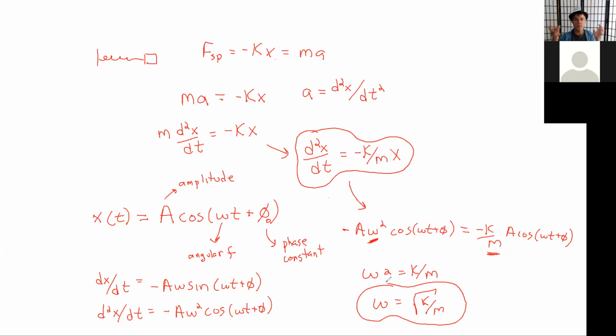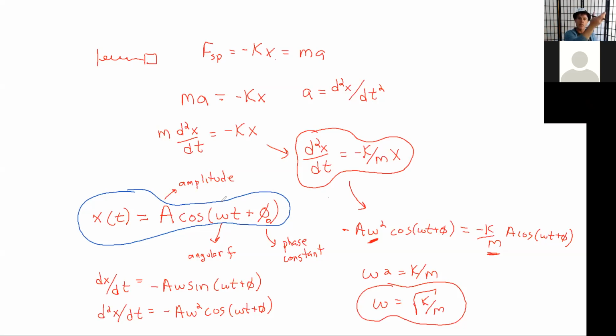For a pendulum, there's a different equation for omega, but in general, anything oscillating back and forth, you can describe with this equation. Position is A, the amplitude, times cosine of omega t plus phi, and omega is going to depend upon what kind of system you have.